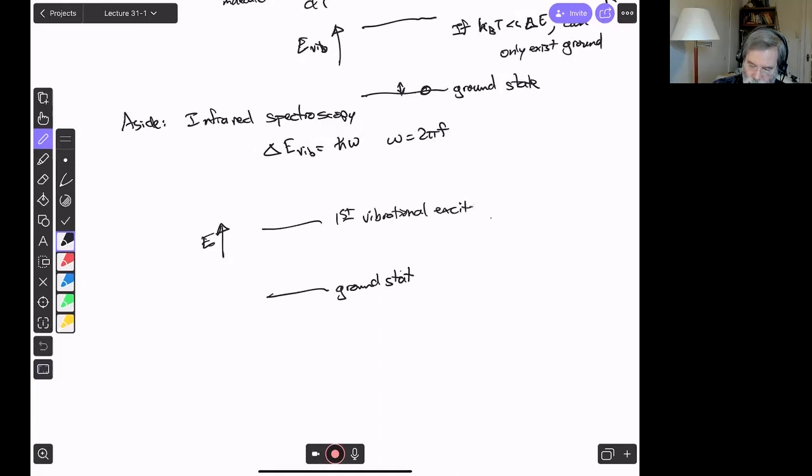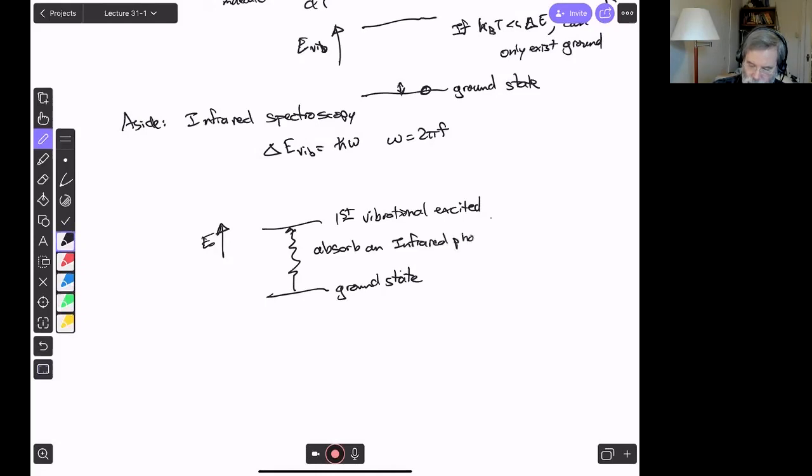You cannot be promoted at room temperature, which is about 300 Kelvin, from the ground state up to the first excited state. But if you shine light of the right frequency on this, you can absorb a photon. So absorb an infrared photon.